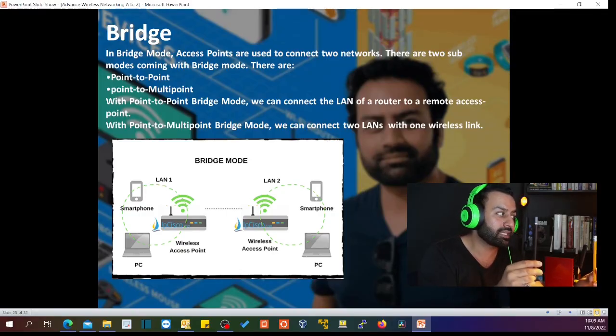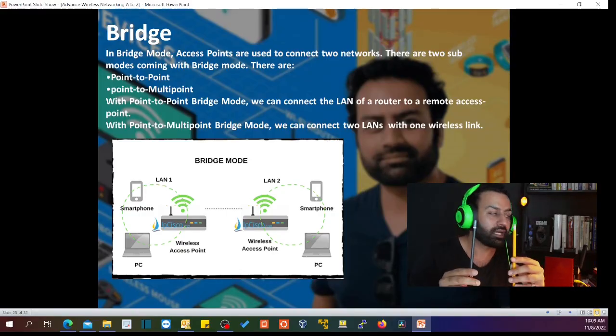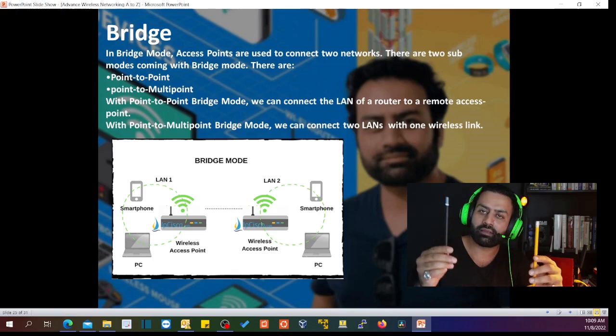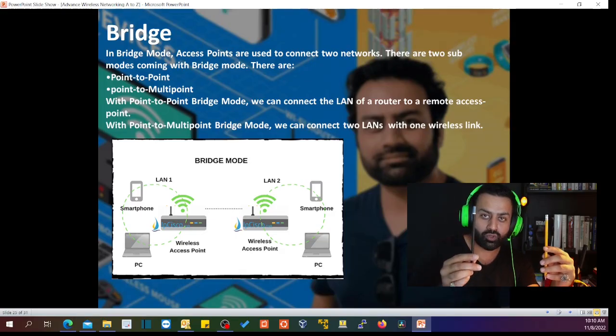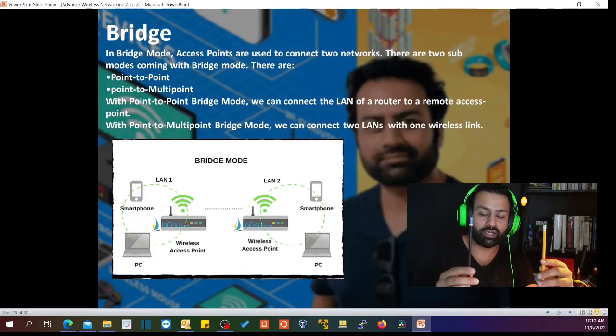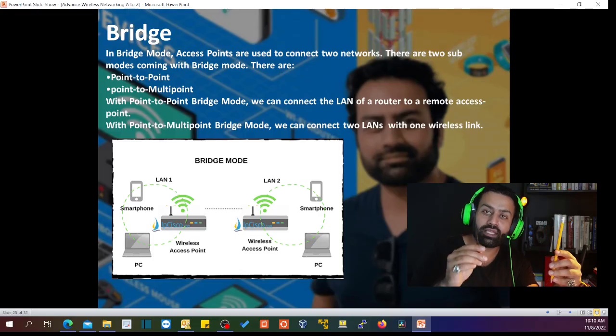I will set up this one in the building that we are living in, and this one in the building that needs internet, for whatever purpose, to have access to our network. If I want to configure this kind of ad hoc topology or infrastructure topology, what we need to do is configure bridge. What does it mean? It means this access point is able to access the internet. I mean, this is my HQ, headquarters.